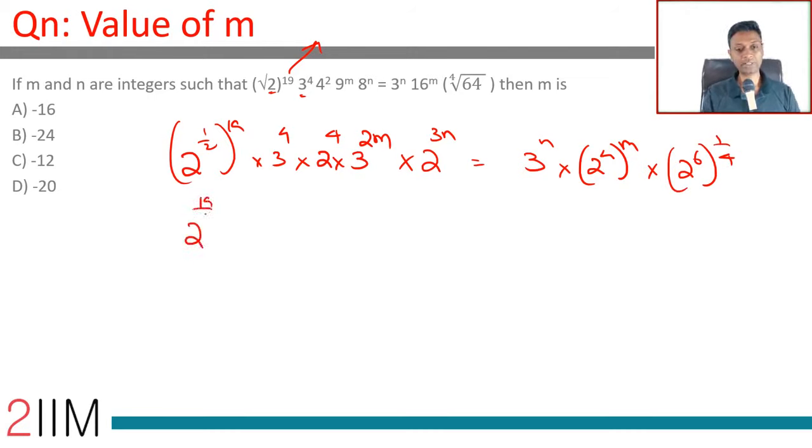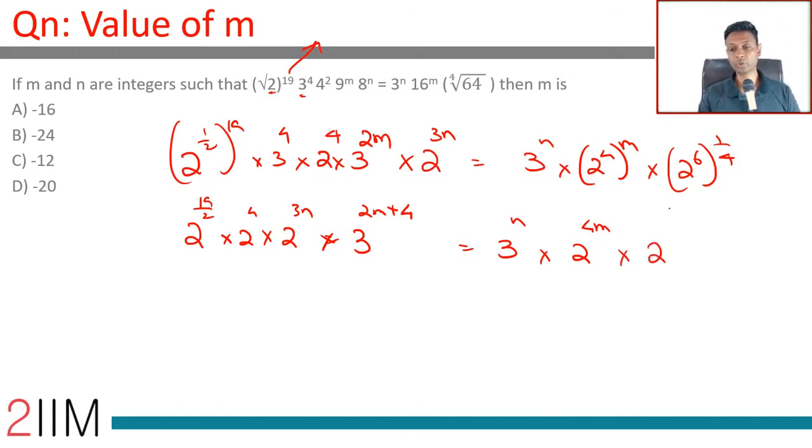So 2 power 19 by 2 into 2 power 4 into 2 power 3n into 3 power 2m plus 4 equals 3 power n into 2 power 4m into 2 power 6 by 4, which is 3 by 2.